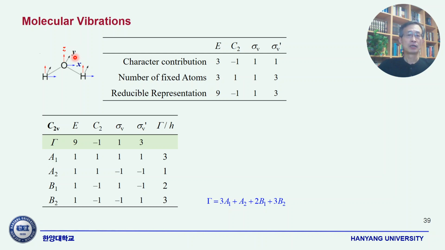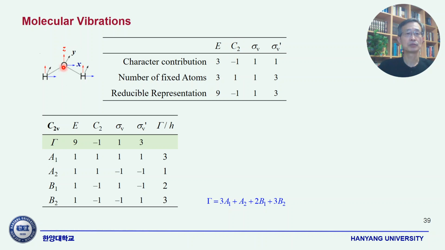For the character contribution, there are 4 symmetry operations for the C2v group: E, C2, sigma v, and sigma prime v. For the E operation, each atom which does not move contributes 3. Because with the E operation this atom does not move, so the X, Y, and Z translational vectors do not change direction, so it contributes 3. This also contributes 3, that contributes 3. And also the C2 operation.